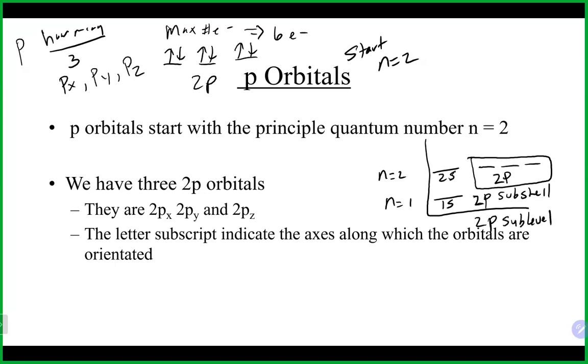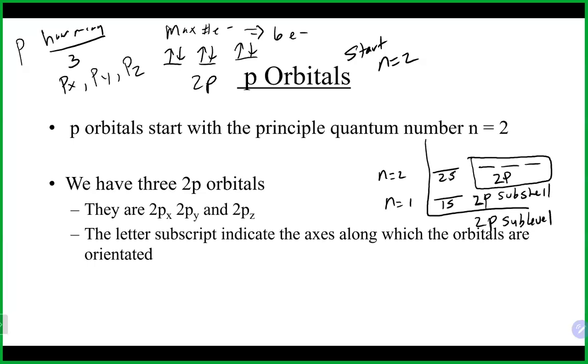So a subshell or a sublevel represents a grouping of multiple orbitals on the same energy level. If you maxed out the 2p subshell, you could put 6 electrons. Once again, you don't need to max it out. You could have anywhere from 0 to 6 electrons in that 2p subshell.